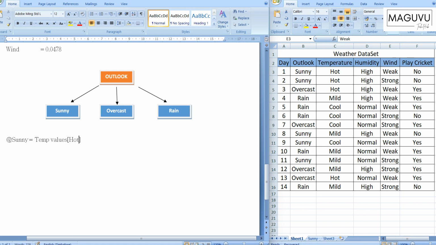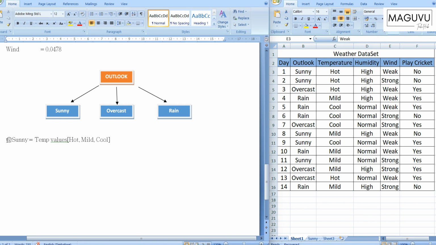We have got hot, we have got mild, we have got cool, right? So we want to calculate the entropy of hot, mild, and cool while we are at sun.